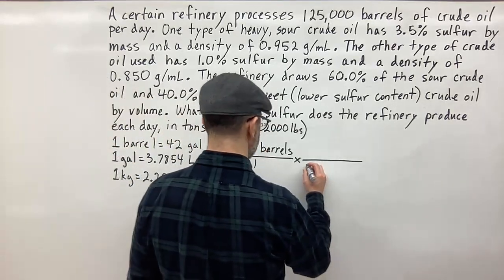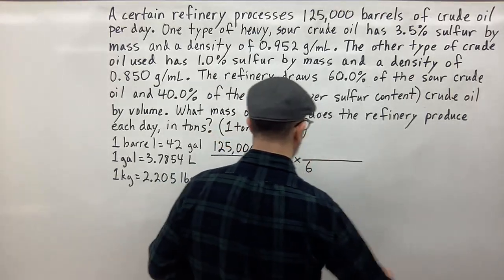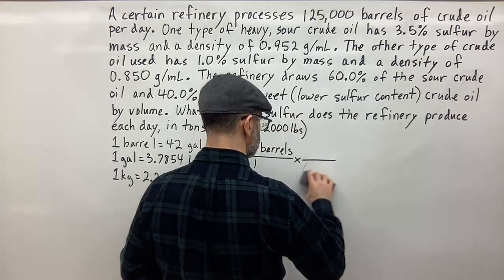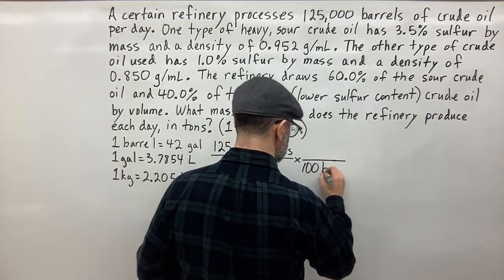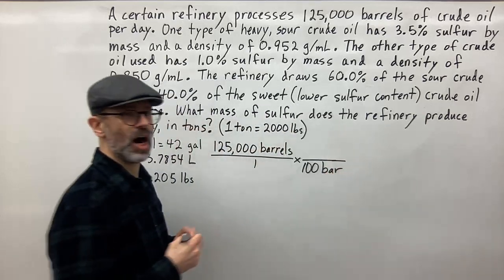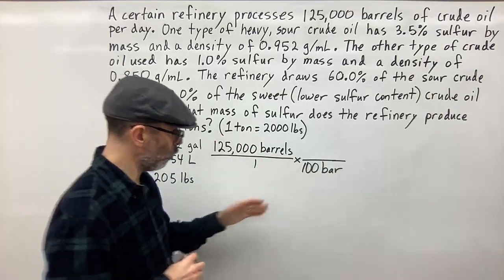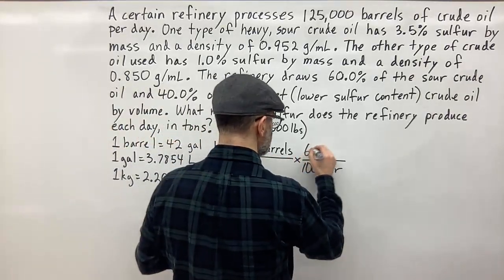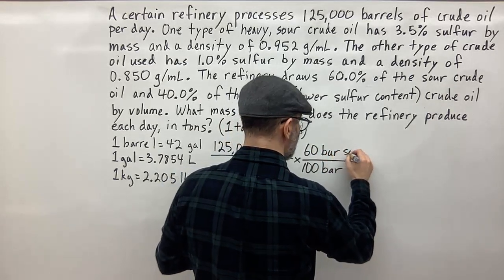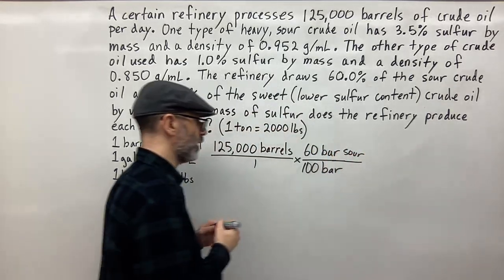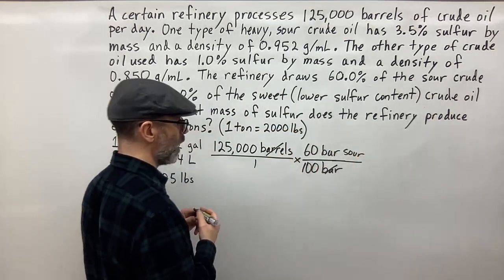So we're going to put 100, and just put BAR for barrel. For every 100 barrels of total oil, 60 of those barrels are going to be the sour kind. So barrels cancel out. Now we have barrels of sour.